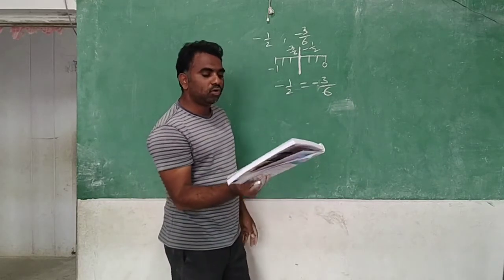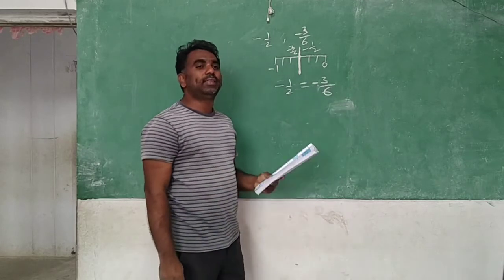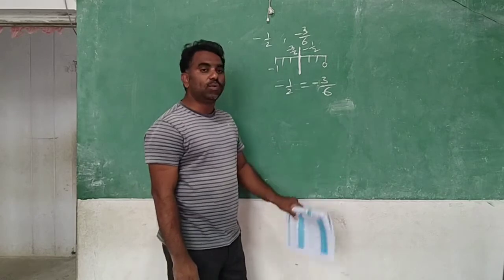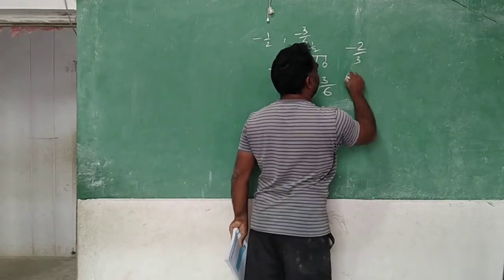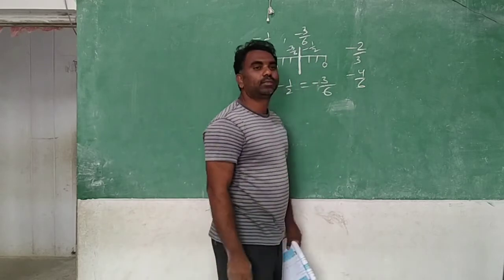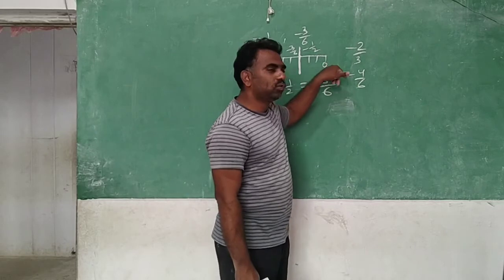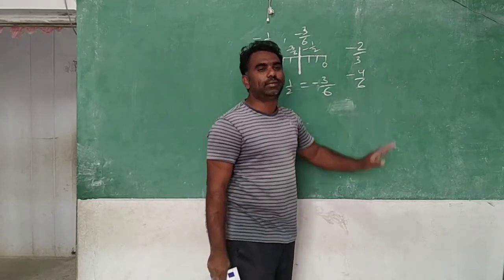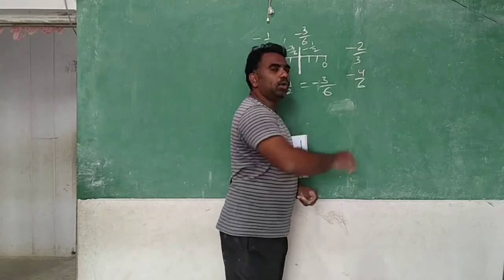Like this, one more question is there. He is asking you: are minus 2 by 3 and minus 4 by 6 equal? Simple, you can check. If cancellation is possible, you cancel it. Here both are in the 2 table.